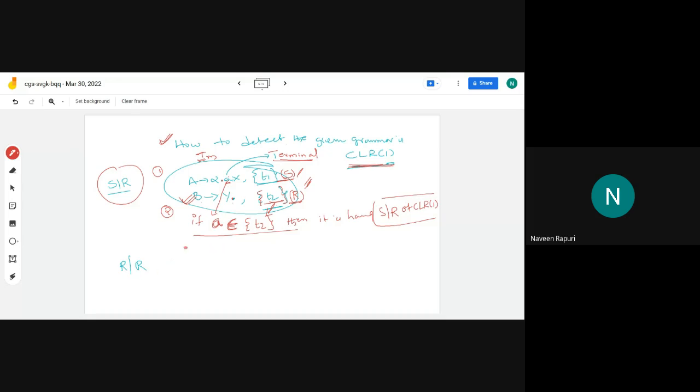And coming to the second case, A derives x dot, B derives y dot. Here also T1, comma, T2. This means these are reduced productions.